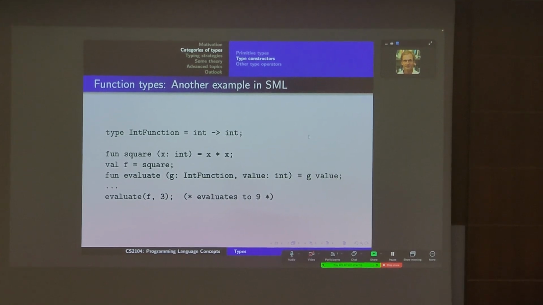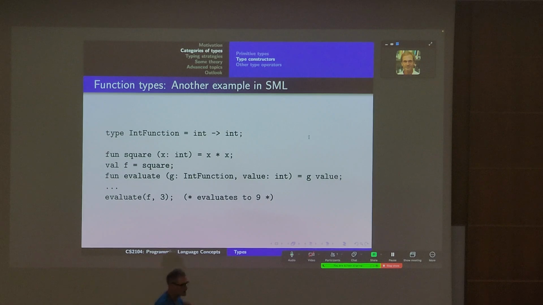So this is just to give you an idea of how the type checking actually works. You need a notion of type environments, and you need a lookup table that maps declared types, such as int function, to what they refer to, namely the type description.